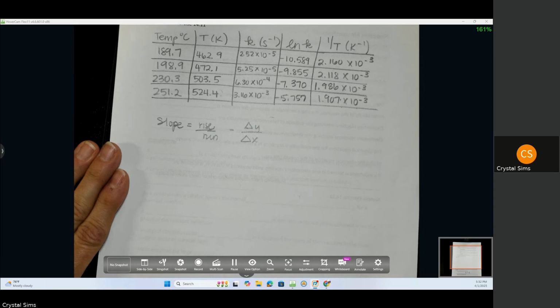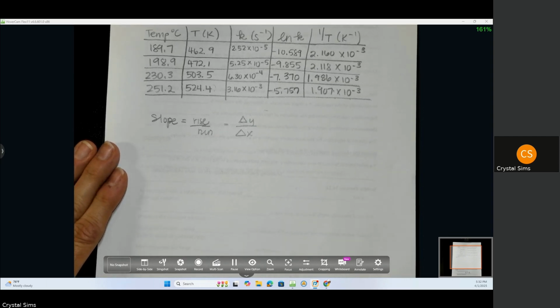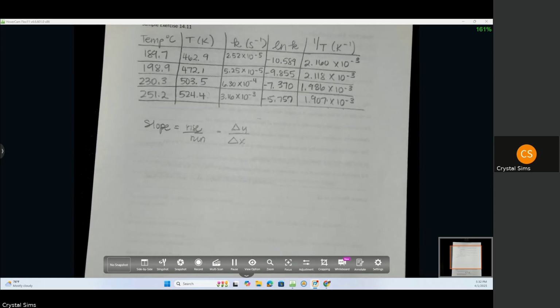And you just have to pick some points. It doesn't matter what points you pick along the way. You just have to pick some points in your linear graph here and calculate the slope. The big thing that you want to do is make sure that the points are well separated.